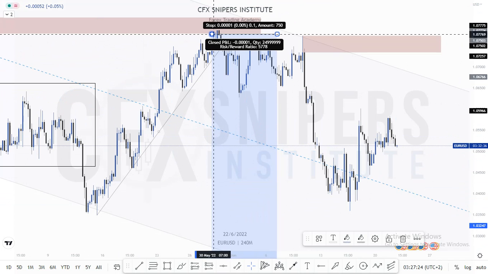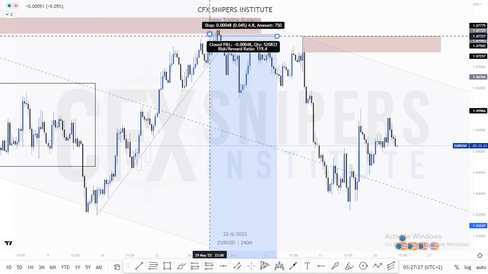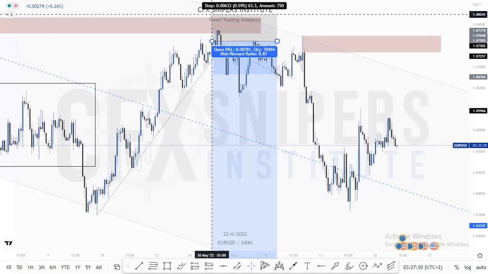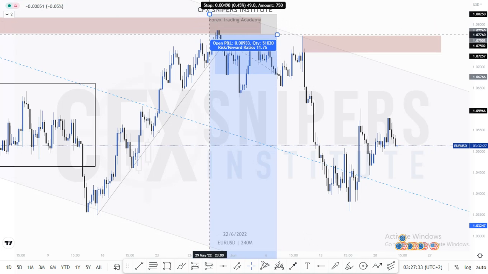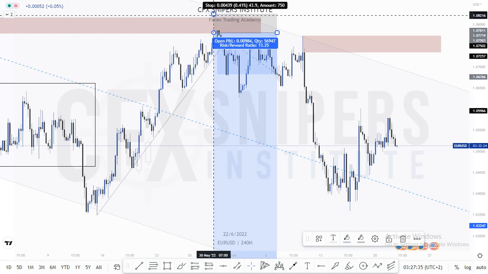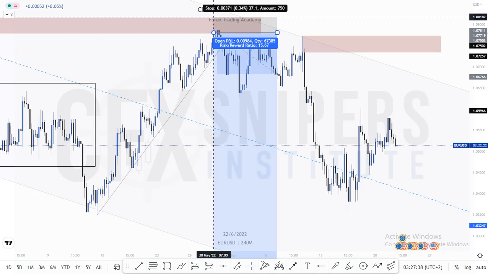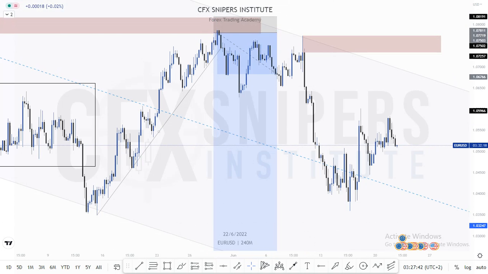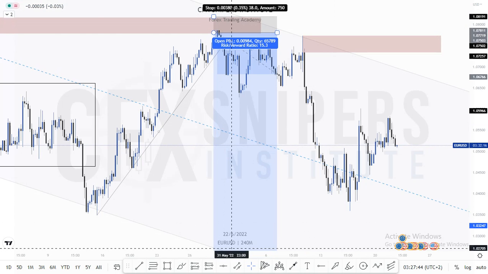So if you took this trade, this is a 1:15 trade. If you risk 1%, you're going to get 15% of the whole account in return, which is a fair trade.